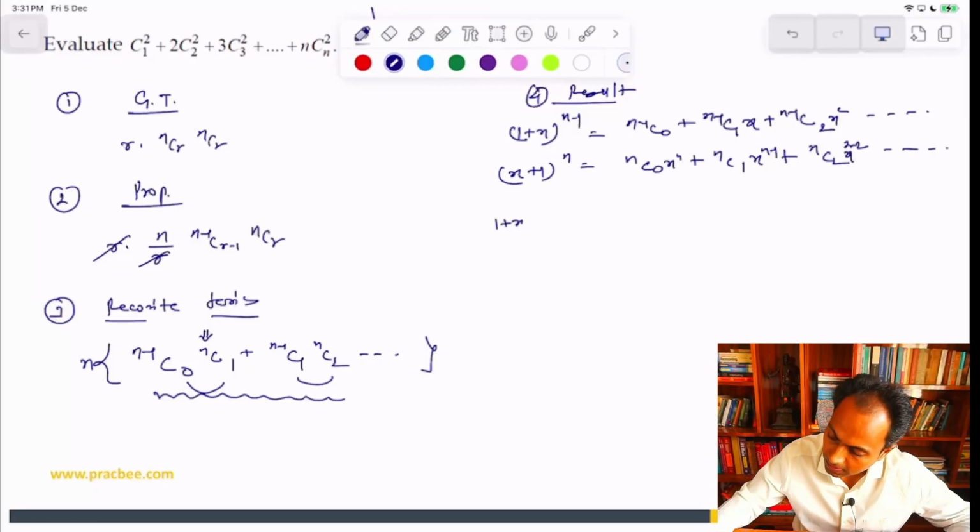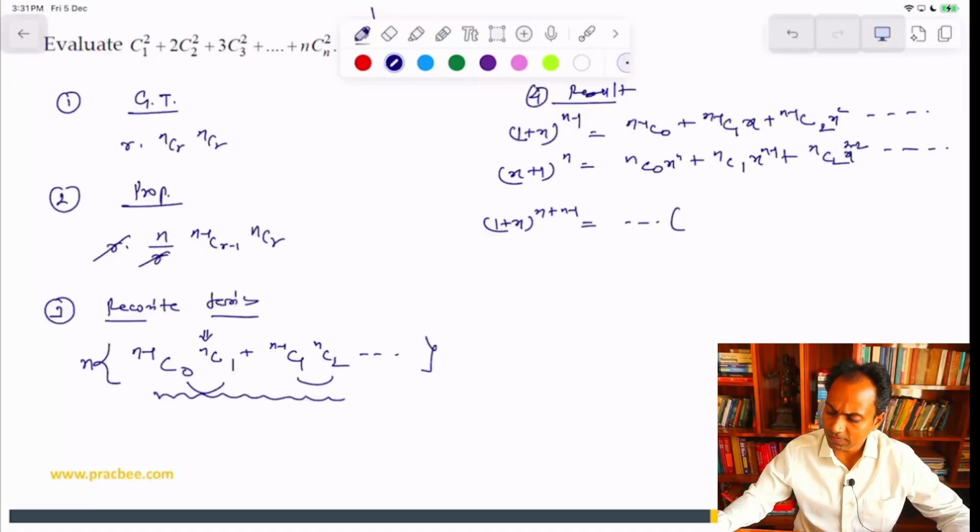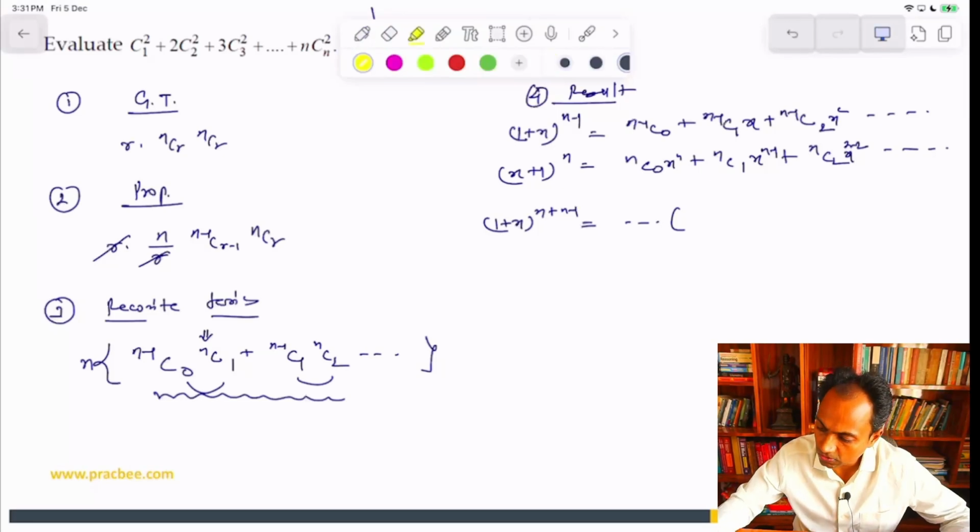So if I multiply, on the left hand side we get x raised to the power n plus n minus 1. On the right hand side, what we want is basically nc0 and n-1 c0. So this term should get multiplied with nc1, this term. And as a result, what is the coefficient of x that we are getting?